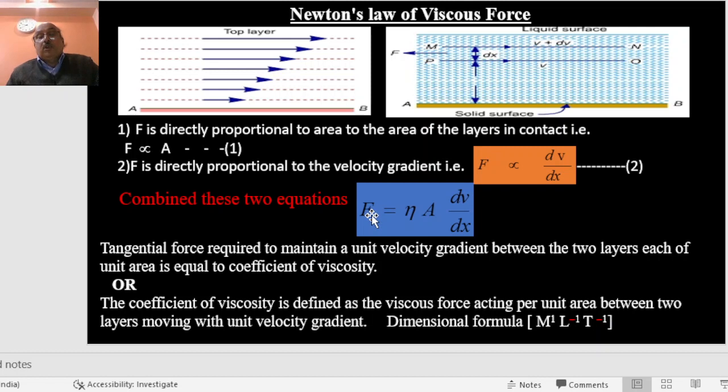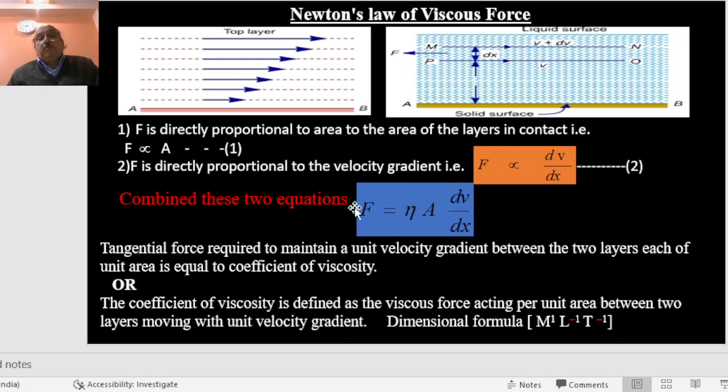that is, the viscous force. So the tangential force, that is the viscous force, required to maintain a unit velocity gradient between two layers of unit area is called the coefficient of viscosity. Or the coefficient of viscosity is defined as the viscous force acting per unit area between two layers moving with unit velocity gradient.